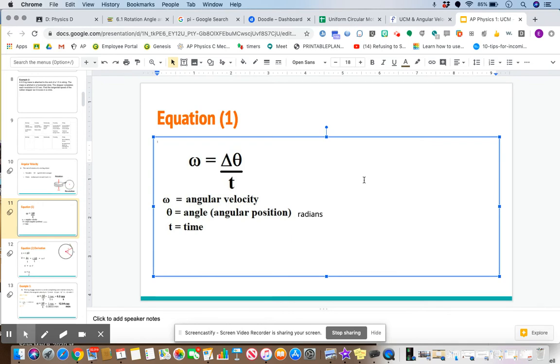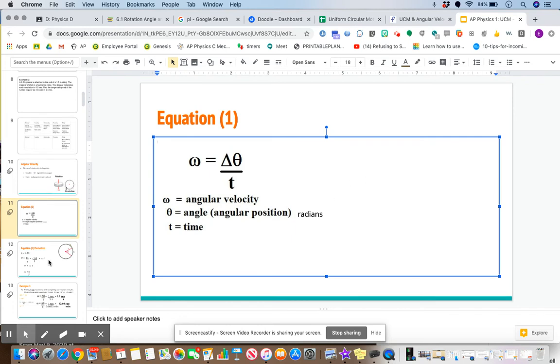We have a few other relationships that help us model angular velocity, specifically how we can relate angular velocity to linear velocity. We have been calling linear velocity thus far the tangential velocity, which is the velocity or the speed of the object as it circles around its path of motion.